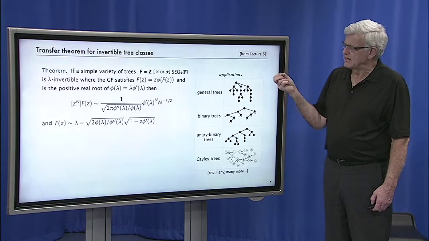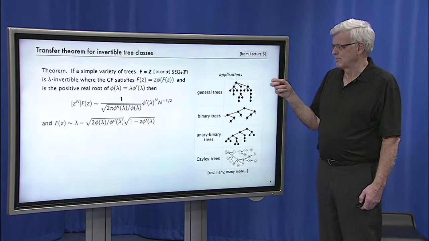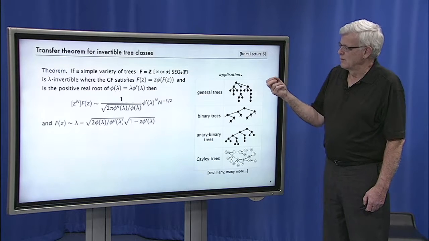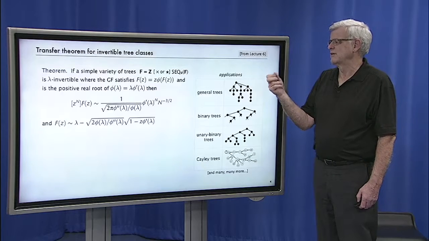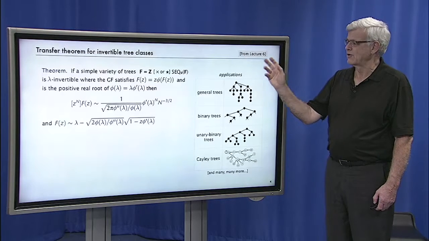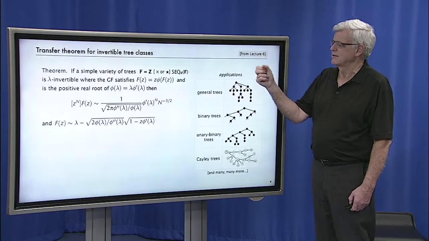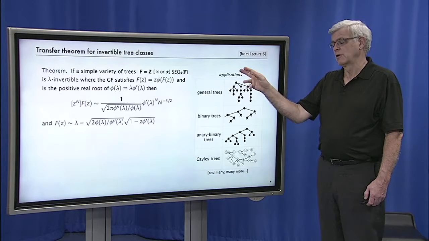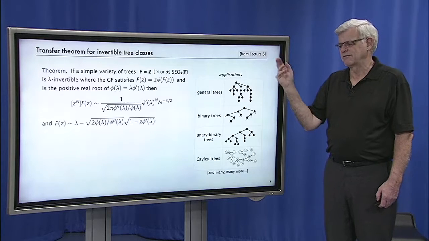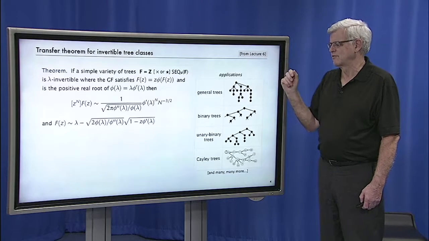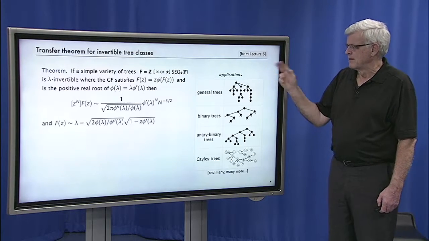So the idea is we have what's called a simple variety of trees, where the combinatorial construction is Z with a product, either a Cartesian product or a star product, of a sequence, a recursive sequence of the same class, where there's some modifier that says what sizes of sequences to use.